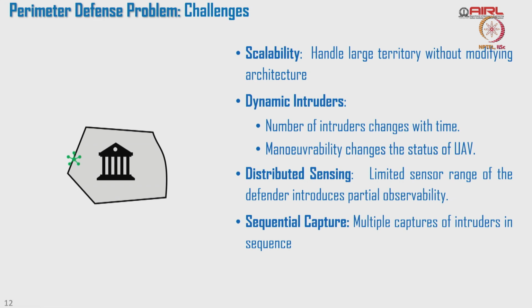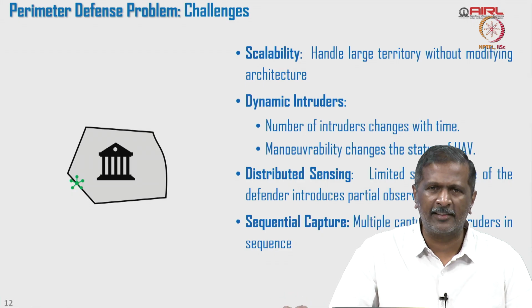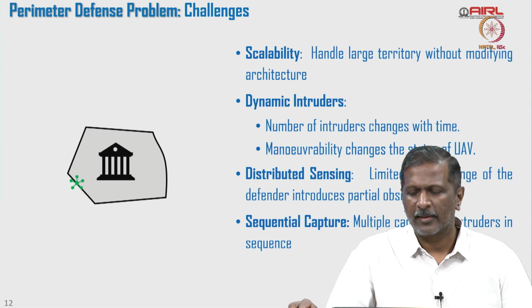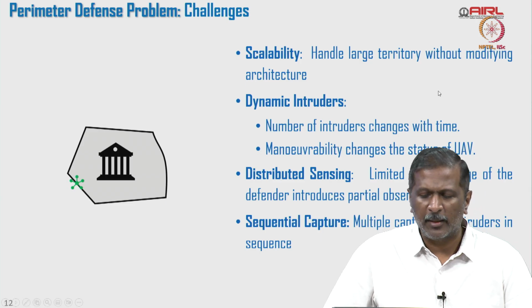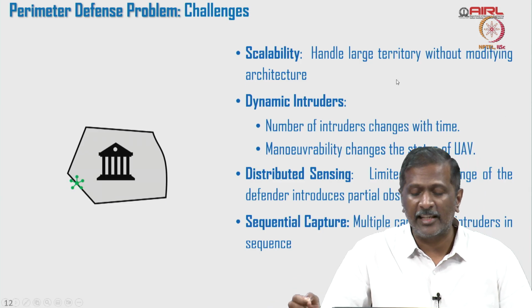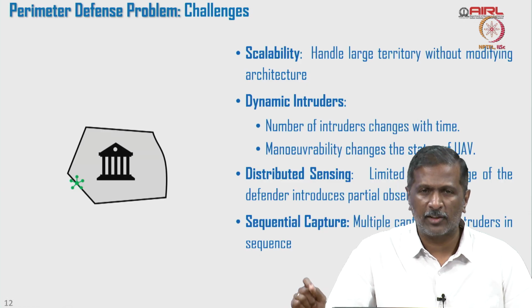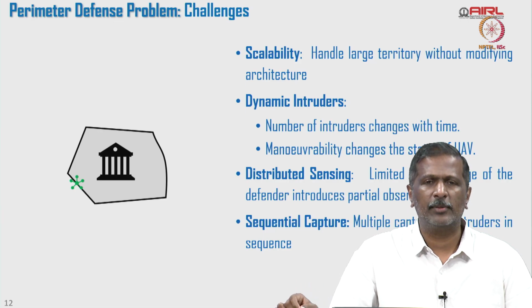Now, to handle a large territory, right, I should not modify the architecture. Whether it is a small territory or a larger territory, the algorithm architecture should remain the same, right. The intruders change with respect to time, the maneuverability status of the UAV, the distributed sensing, and sequential capturability, which means one defender can capture multiple intruders in a sequence.